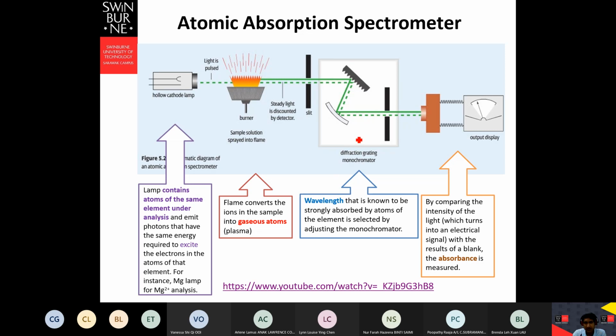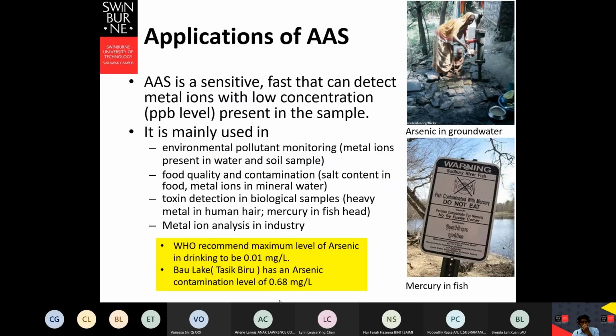So from there, the detector tells us what types of metals are in that sample. Okay. So you can go to this YouTube link to see the process in more detail.